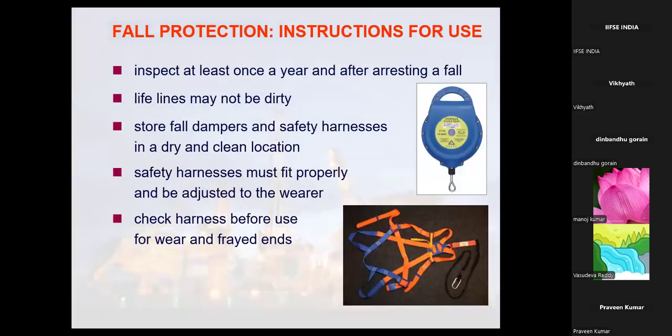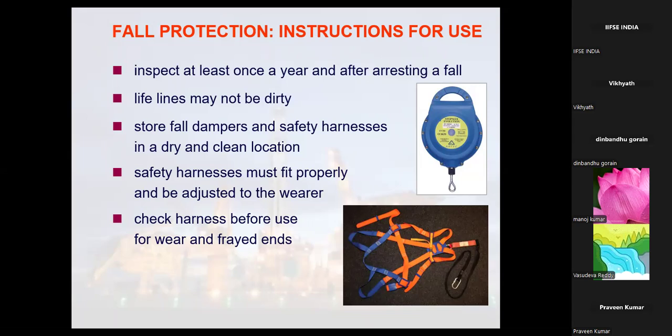Then fall protection instructions. Inspect at least once a year, and after a fall, after arresting the fall. That means this is the checklist for the HSE person, that he inspects the PPEs.